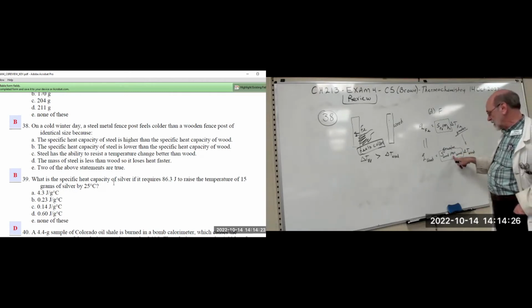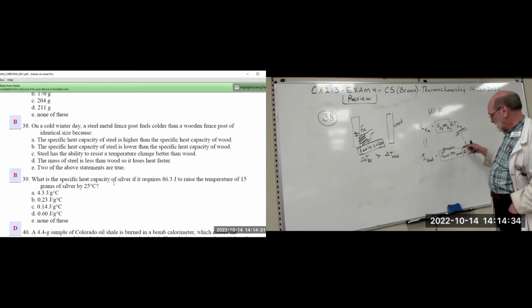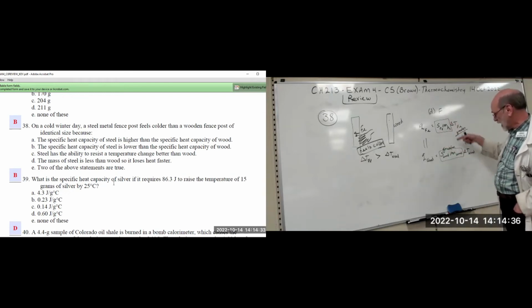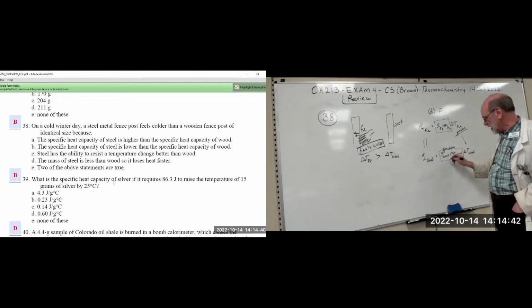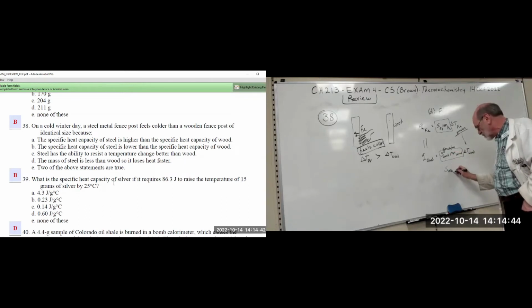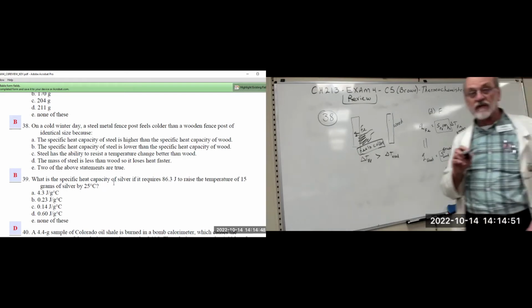So the specific heat of wood must be greater than the specific heat of iron. If this one's greater than that one, but this is less than that one, then the only way that can be true is for this to be much greater than the specific heat of iron.